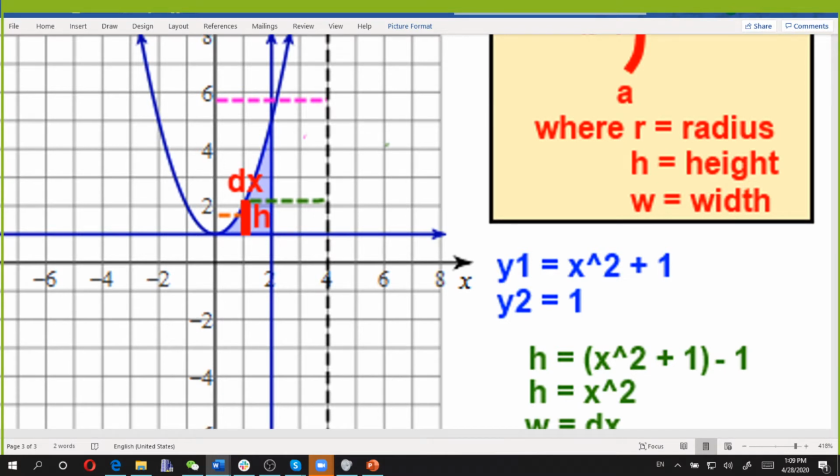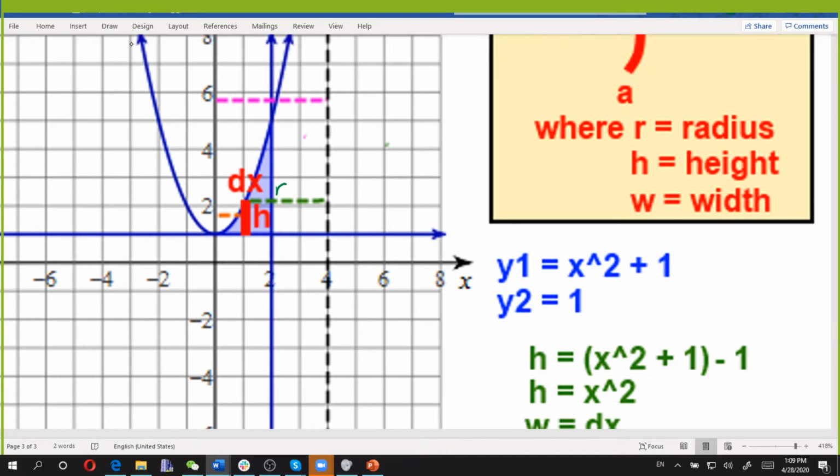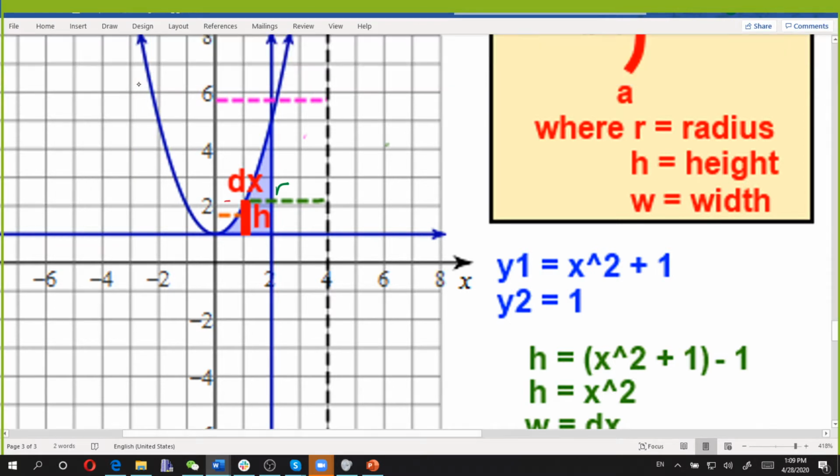So this is an infinitely small dx for our width. And then our height is our difference between our y values. In green is our radius, our distance to the axis of rotation. So I'll mark all that. This is our radius. We've got our height, that's blocked off from here to here, the difference in our two y values. And our dx is our width, the distance from here to here.